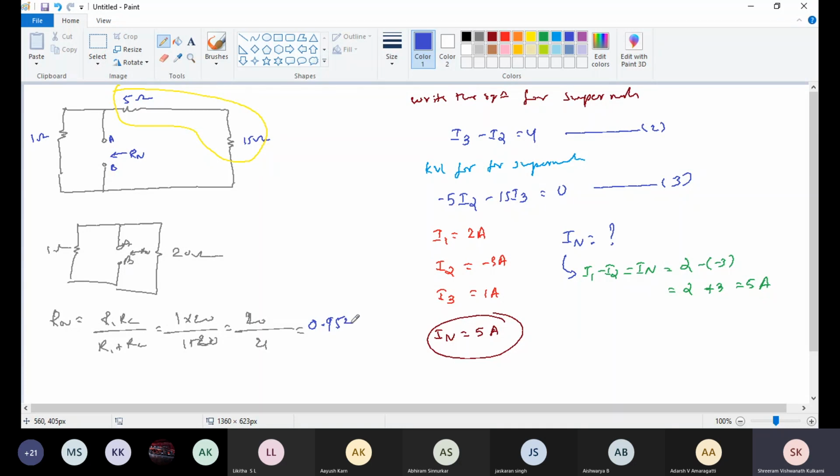Yes, 0.952 is enough. Rn is 0.952. Now I need to draw an equivalent circuit.